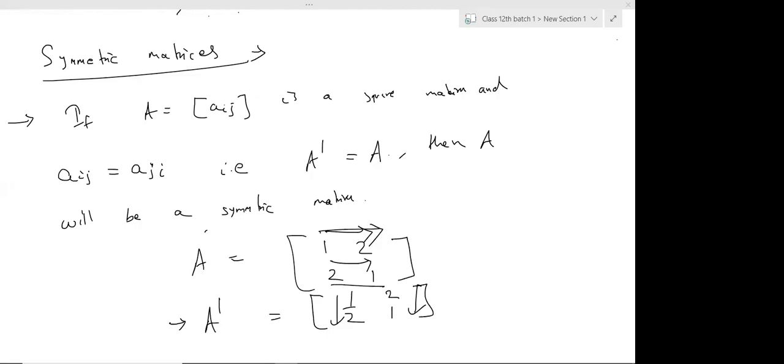If you interchange the rows and columns, that is, if you find the transpose, even then the matrix remains the same, right? Sir, your screen is not visible. Is it visible now? No, sir. Give me a minute, all right? Now it's visible, sir.